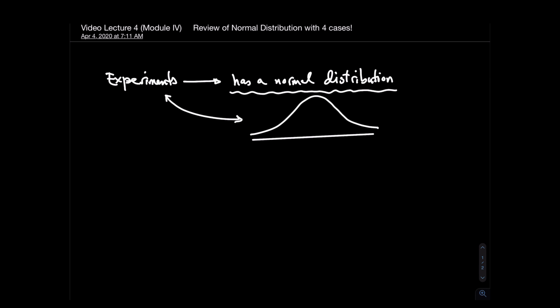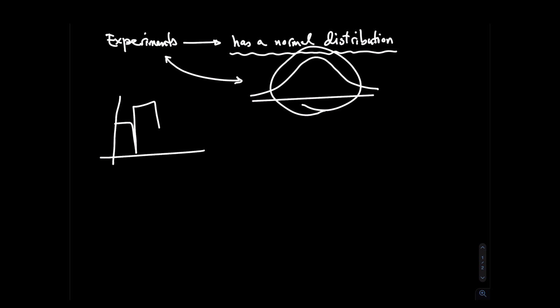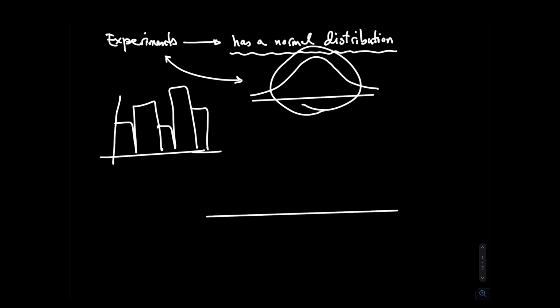But nevertheless, if you do construct, somehow using calculus and more advanced topics, the probability distribution for an experiment, and then you graph it, and the graph looks like this, then you say that experiment has a normal distribution, because the picture of its probability distribution, instead of looking like this, like it used to look like in module 3, it's going to look like a connected continuous curve.